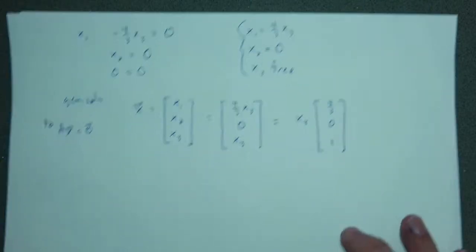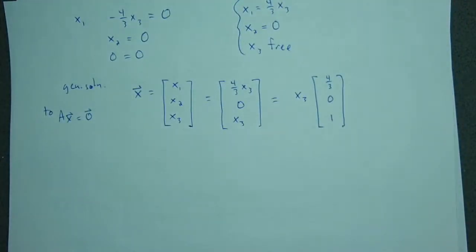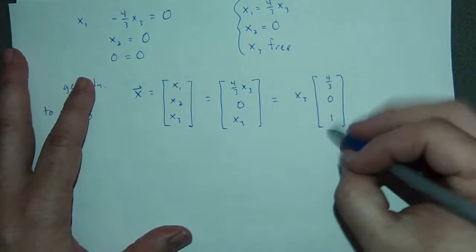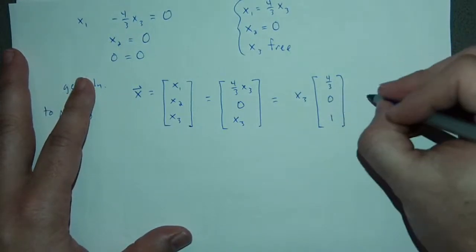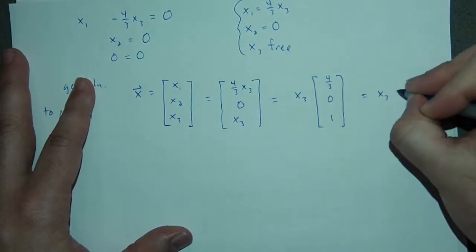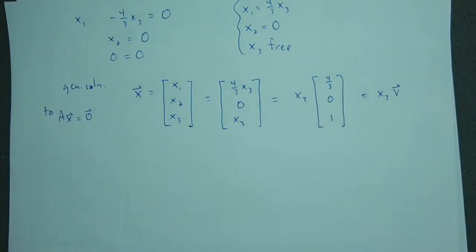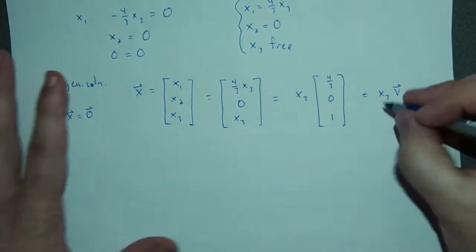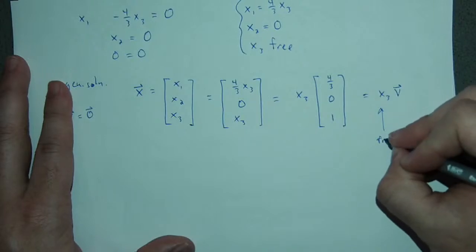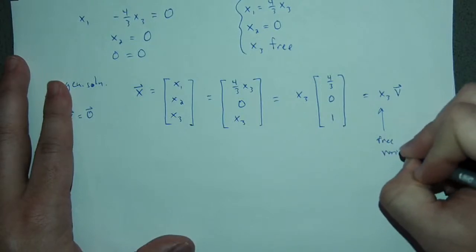Okay, so what does this tell me? I've written this as a vector. You can call this vector v if you like. So I've written it as x of 3 times a vector v. This x of 3 I can think of as some free parameter, right? This is my free variable. This is the thing I have a choice of.